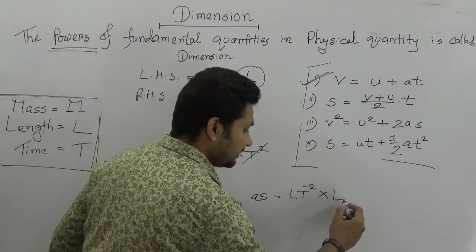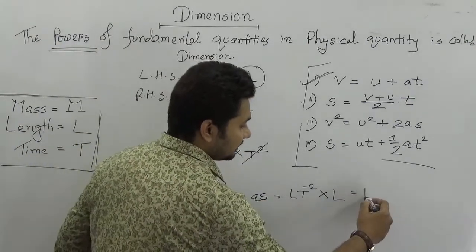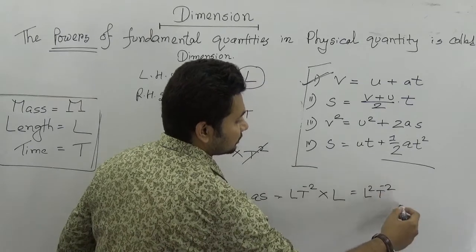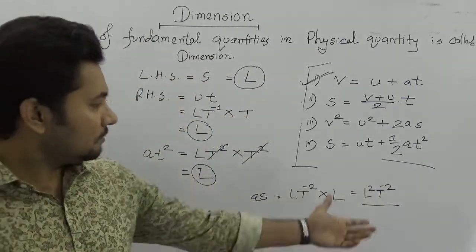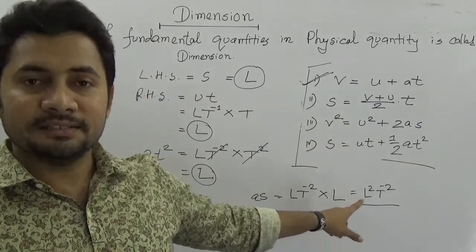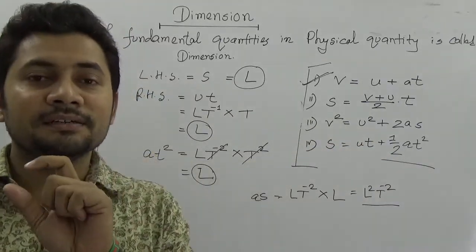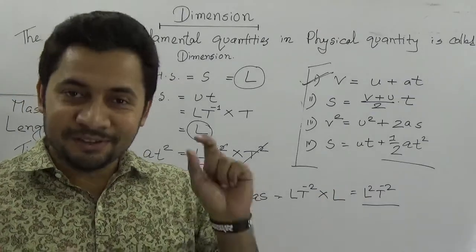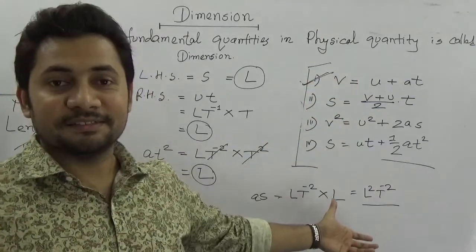So this would be L. Hence it would be L square T inverse 2. So in both cases, on the left hand side and right hand side, we will find the same thing. So through the dimensional equation, we can also validate this.